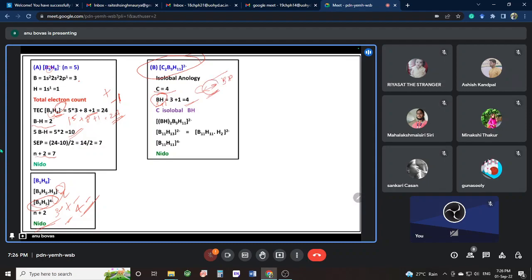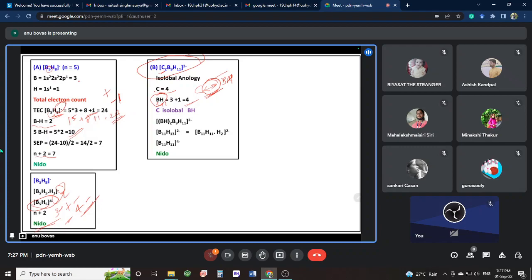This is the symbol for isolobal, representing isolobal fragments. If carbon is isolobal to BH, it means this carbon from the structure can be replaced with BH. What is the use of replacing with BH?